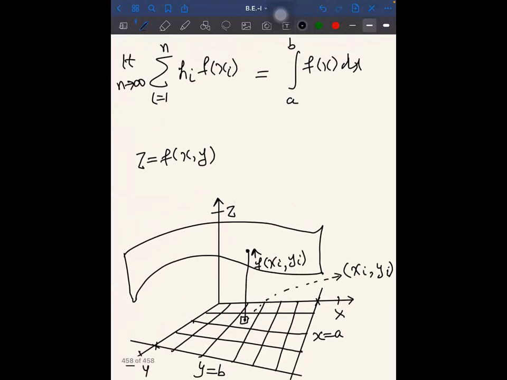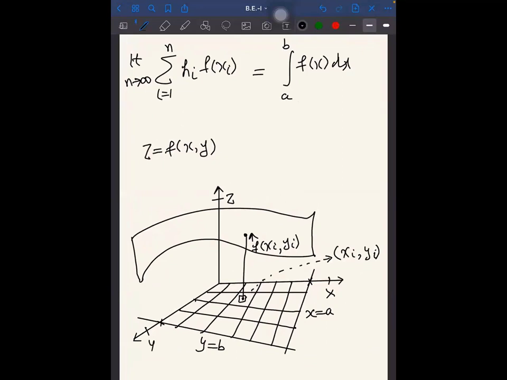In the previous case, I was multiplying h_i by f of x_i. Now I'll be multiplying the area of this rectangle. Can you see this rectangle? Let me mark it with a different color. This rectangle. Can you see this? Yes, sir. So let's say we are dividing the subintervals in a way that each subrectangle has a width of delta x_i and length of delta y_i.